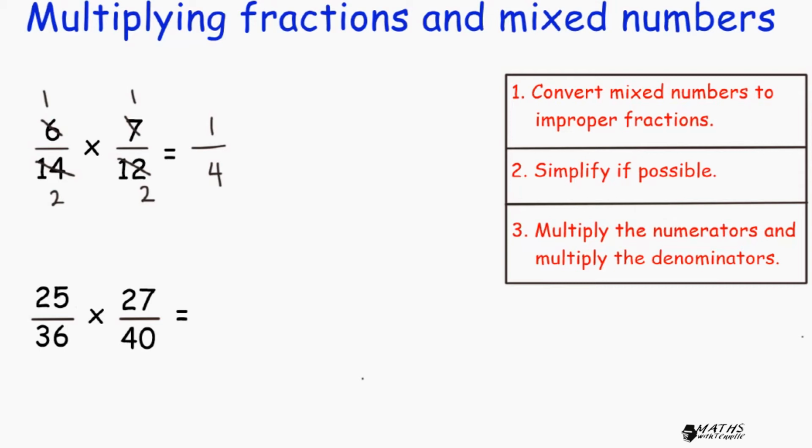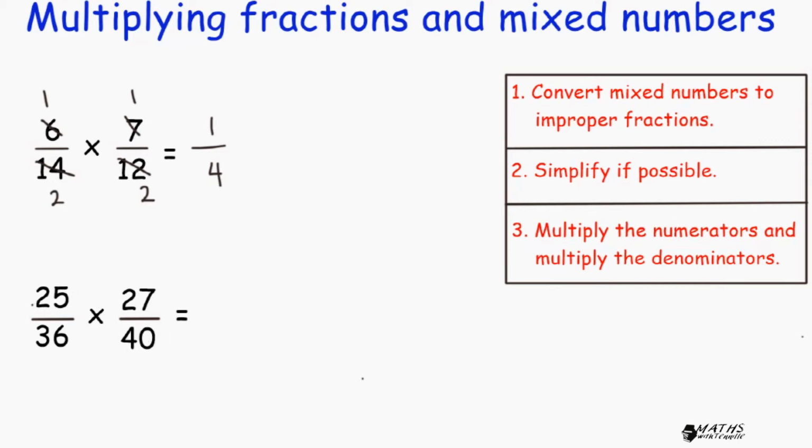We can look at 25 and 36, and we can say that these two numbers do not have a common factor apart from 1, so we can't simplify. So I'm going to compare the 25 to the 40, which is one of the numerators with one of the denominators, and they both have a common factor of 5.